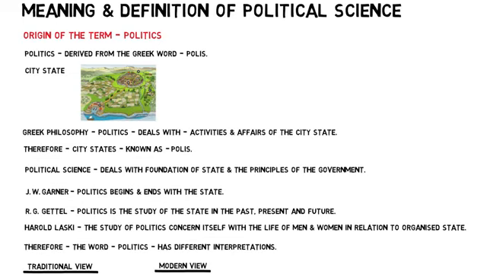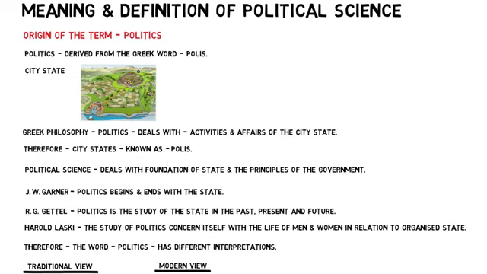And if you just look at these three definitions which I have given, we can get a broad understanding that different scholars have interpreted politics or political science differently from time to time and from century to century. So therefore, to understand these two different interpretations of the word politics, we have to understand it from the traditional view perspective and the modern view perspective.